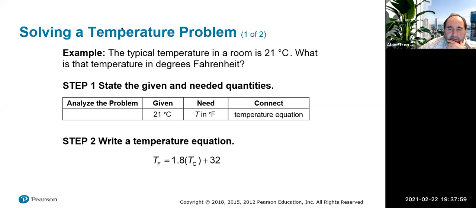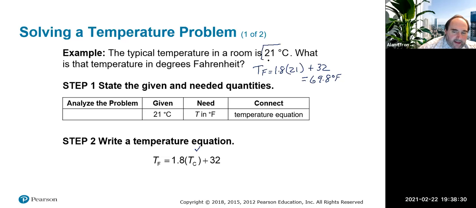So if we look at this one here, again, we have 21. We would put it into our formula here. The temperature in Fahrenheit would be 1.8 times our 21 plus 32. Same idea here, 1.8 times 21 plus 32 gives us 69.8 degrees Fahrenheit.